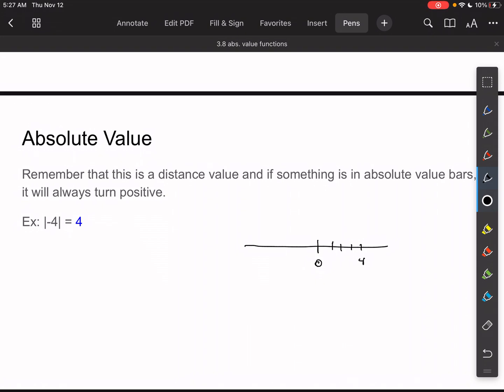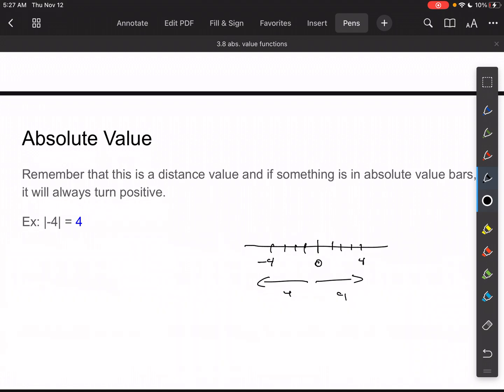But if we think about things as just in 2 directions, which is what we do in algebra on an xy coordinate plane, then you could either go right 4 or you could go left 4, but the distance that you travel is 4 no matter which direction you go. That's an important thing to remember with absolute values.